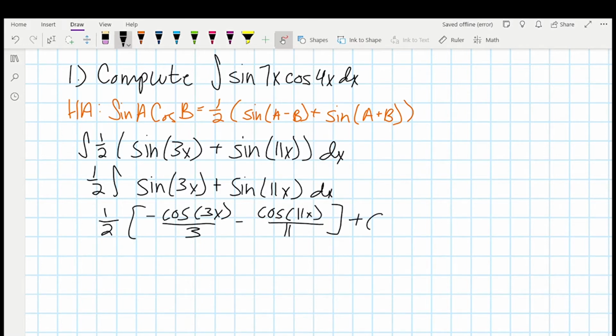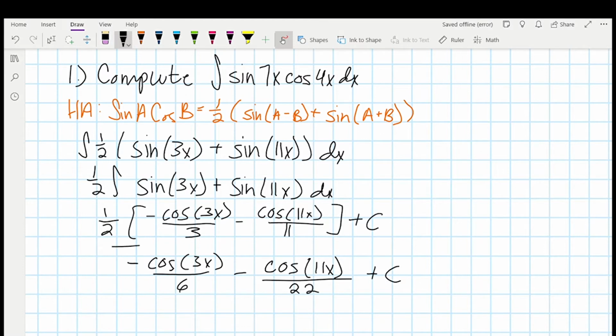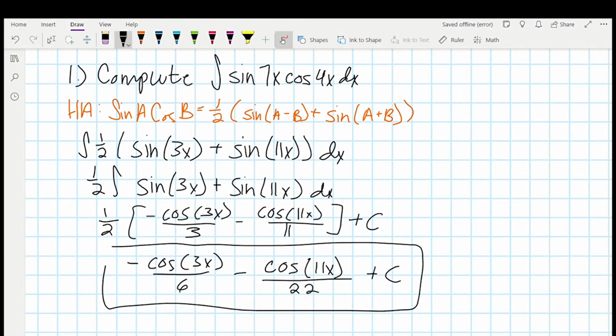Don't forget your plus c. To simplify a little more, we can distribute the 1/2 and rewrite it as negative cosine 3x over 6 minus cosine of 11x over 22 plus c. And this will be your final answer.